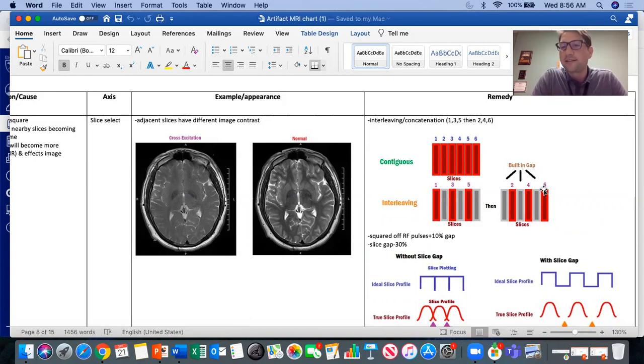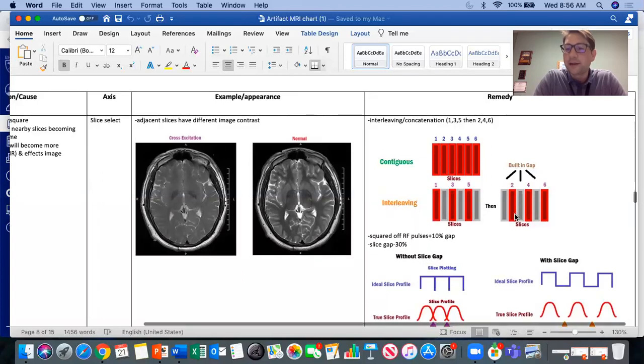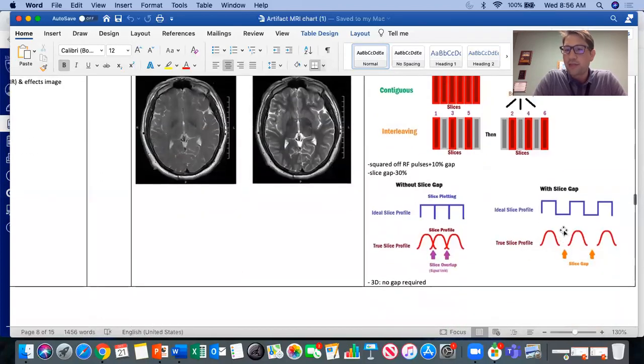It's going to increase our scan time a little bit, but at the same time, it gives us this built-in gap where we're not scanning slice 1 and then directly slice 2. We're skipping over slice 2 and then going back the next TR period to fill slice 2. So it adds this built-in gap where you don't even need to provide a gap between the slices, which is nice because, once again, if you do have a pathology that happens to be in that 0.3 millimeter gap, which is very rare because that's a very small amount of area, you could potentially miss that pathology, which is very uncommon, but it can happen.